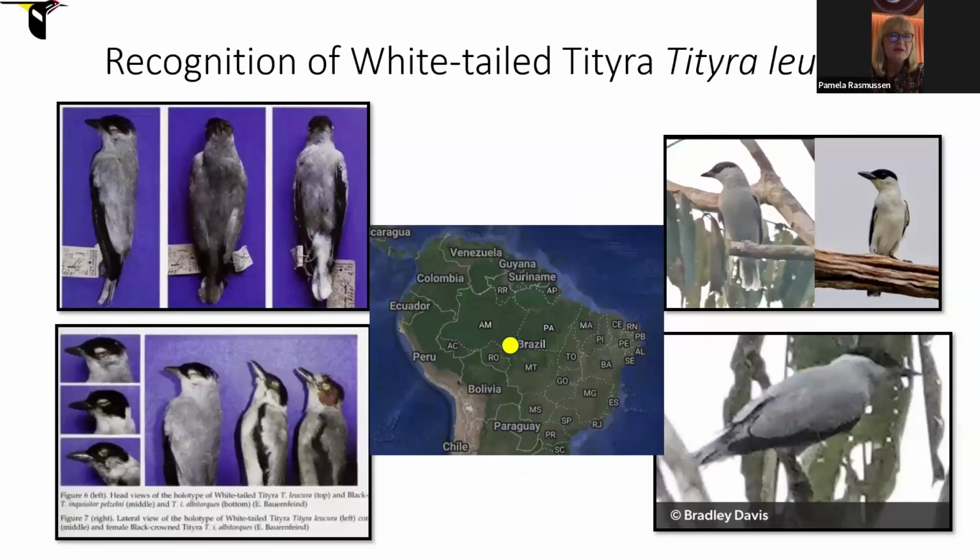Okay, this one is the very exciting rediscovery. It was rediscovered quite a few years ago, but not photographed. That was a single individual, and no one found it again until a year or 2 ago. Bradley Davis happened to find one and made video recordings and photographs that are excellent.